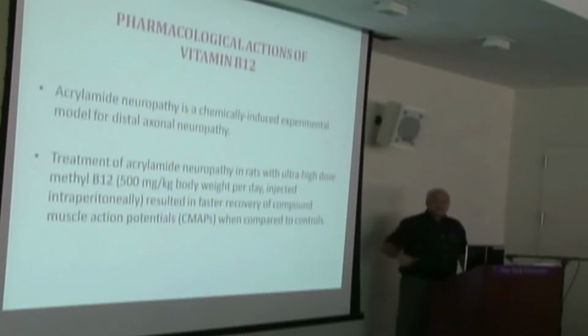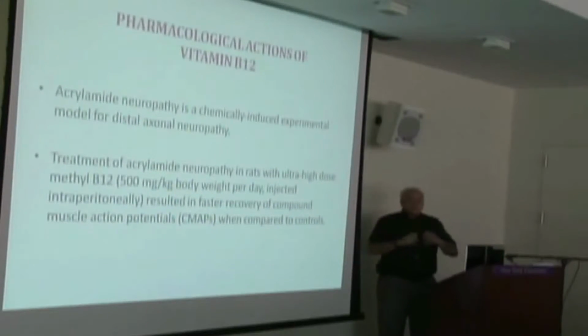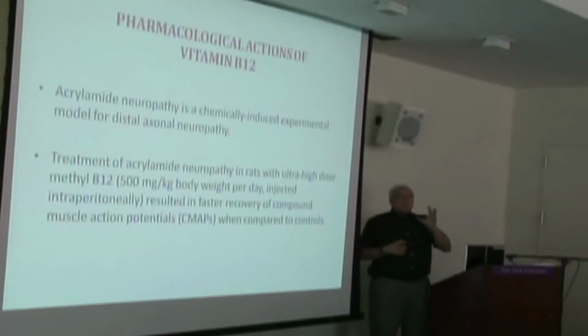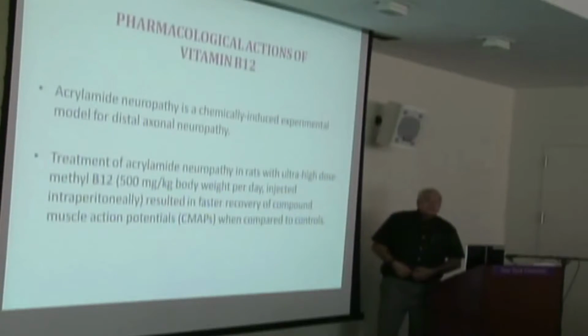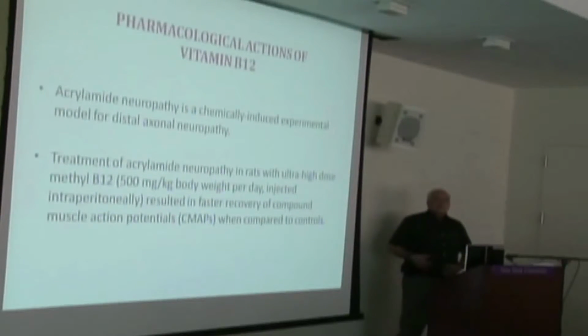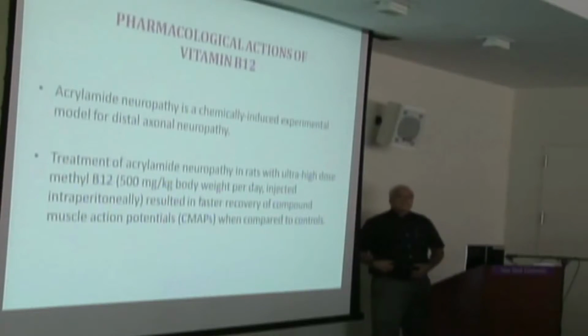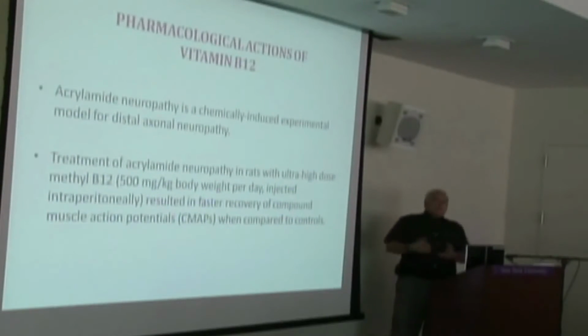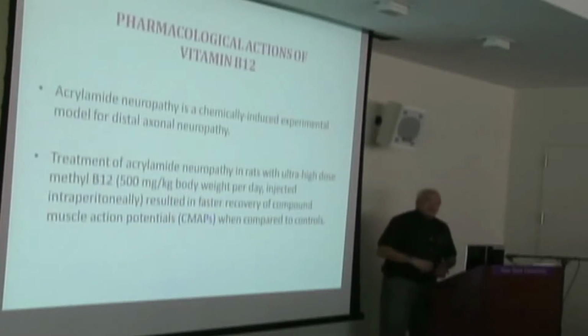In order to get B12 into your cells, you take it in your mouth, you chew your food, it comes down to your stomach, the acid breaks it up, releases it, and then there's an R protein that binds to it, and then it goes down to your small intestines where the enzymes and the alkaline media release B12.